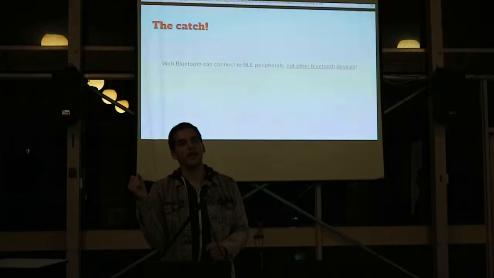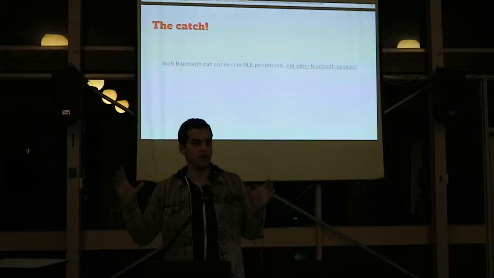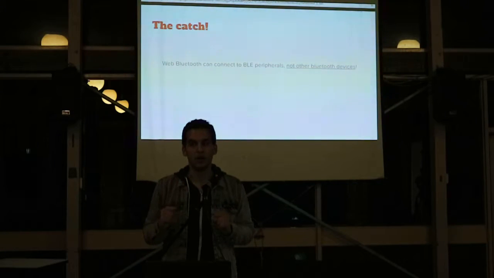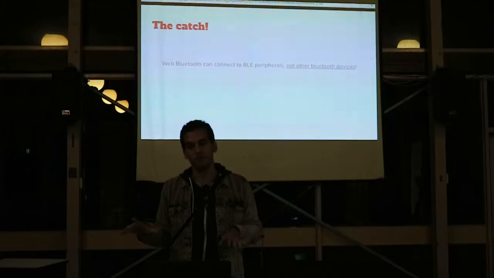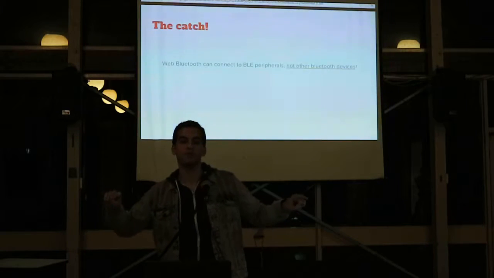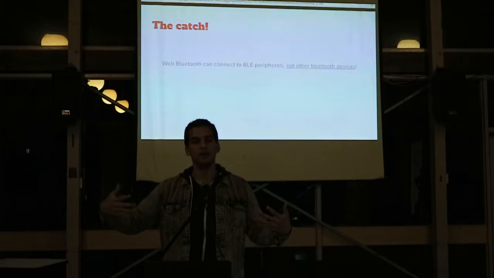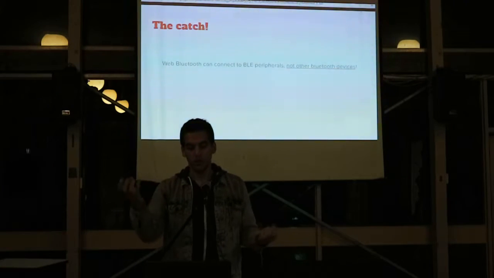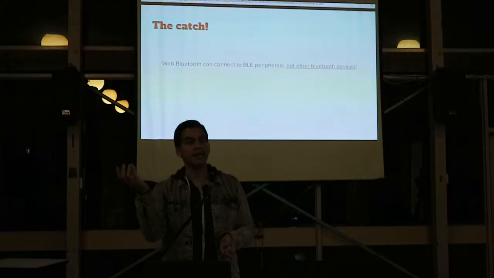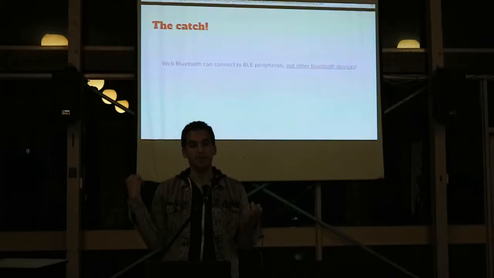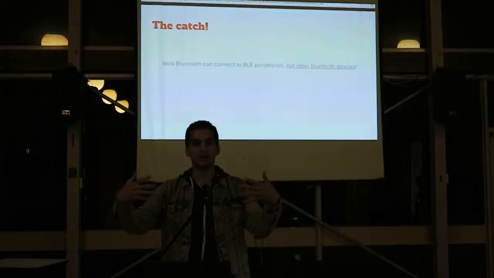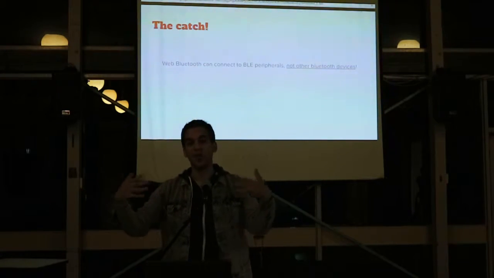The catch, and this is the meat of this talk, is that Web Bluetooth works with Bluetooth peripherals. It's not in the same way that you connect between devices and you can share a file. It connects to a peripheral, which is a device that adheres to the Bluetooth Low Energy Protocol. We'll talk about that, and it means that two browsers can't communicate directly with one another.